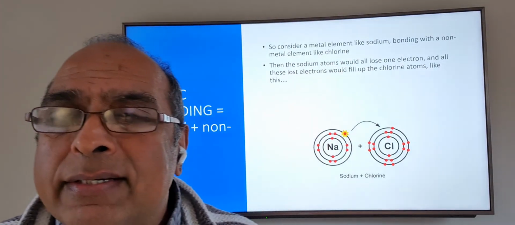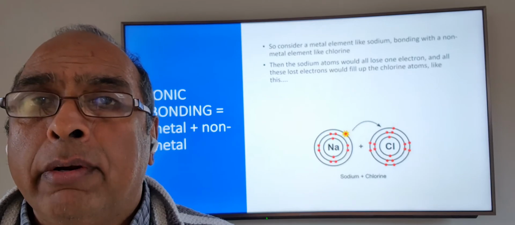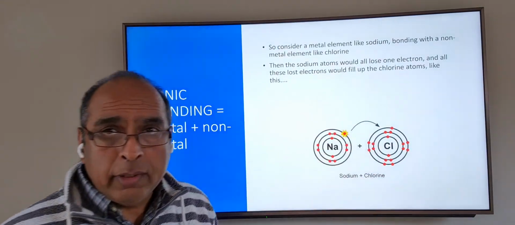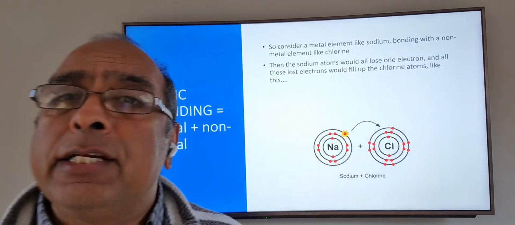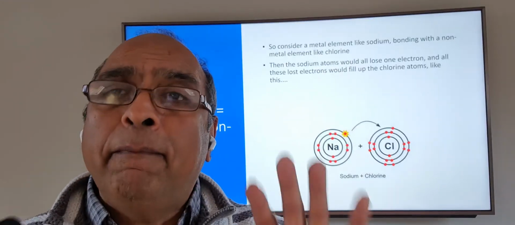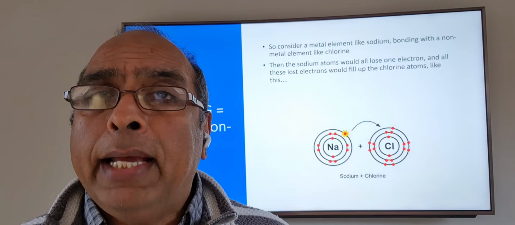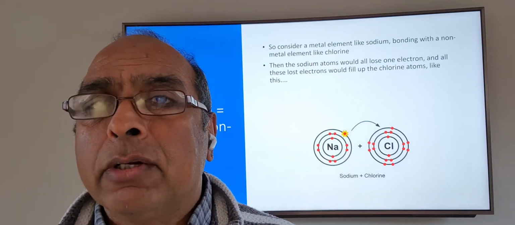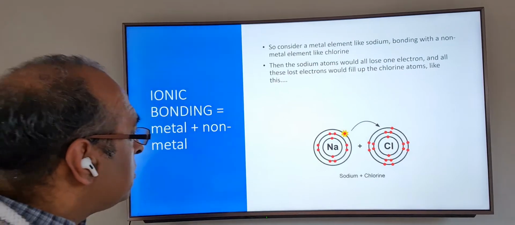Chlorine can get 8 by gaining that 1 electron. Sodium can get 8 by losing that 1 electron. Then both of them have 8 electrons in the outermost level, and they both have full energy levels. This is what happens when a metal and non-metal come together.